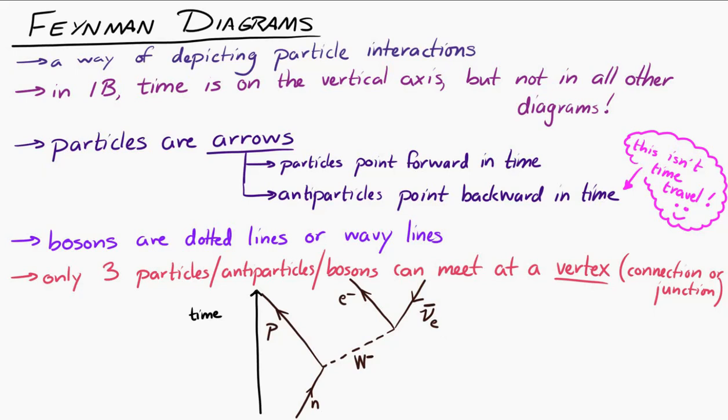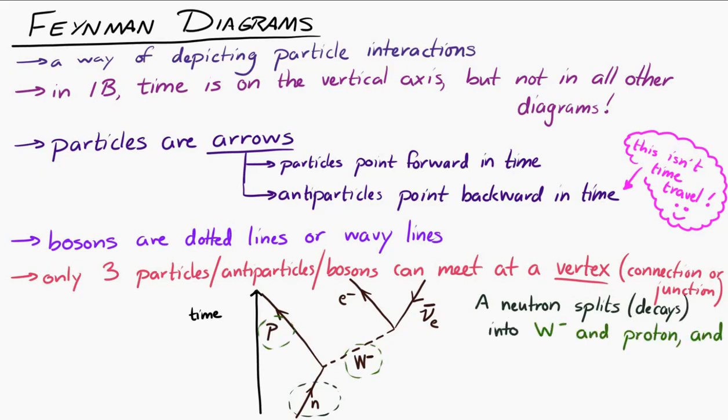Now let's see what this represents. If you go down to the beginning, at the bottom of the diagram, when time is at its lower value, we started out with a neutron. What this diagram is representing is that the neutron then split into two particles, the proton and the W- boson, and then the W- boson split into two other particles.